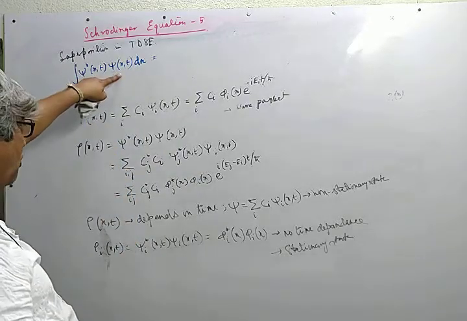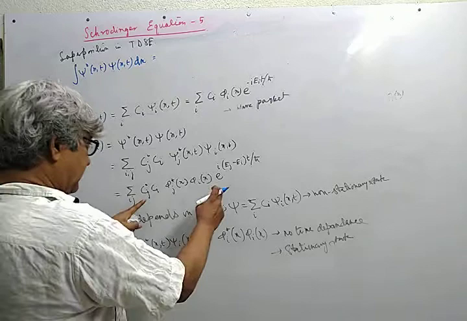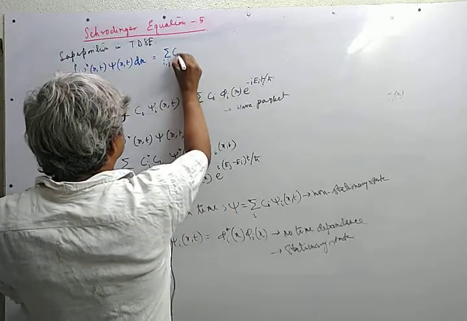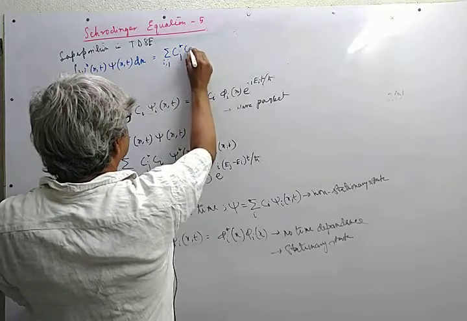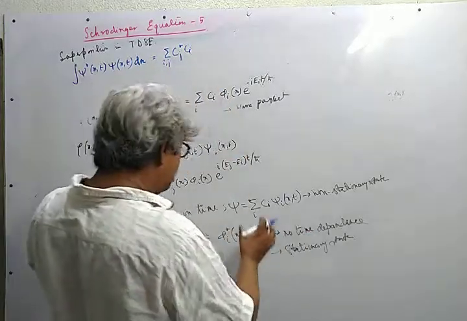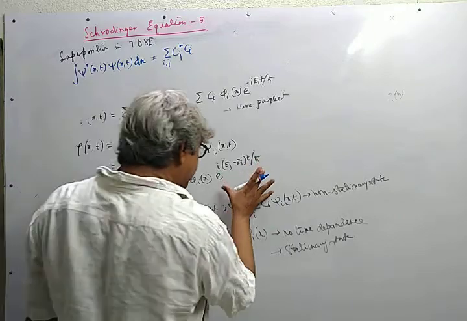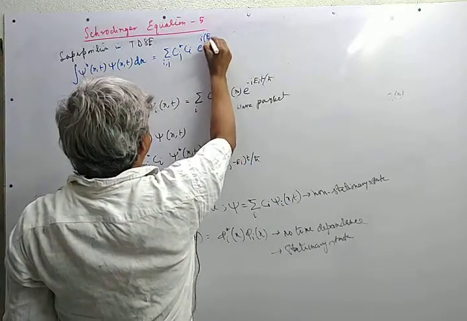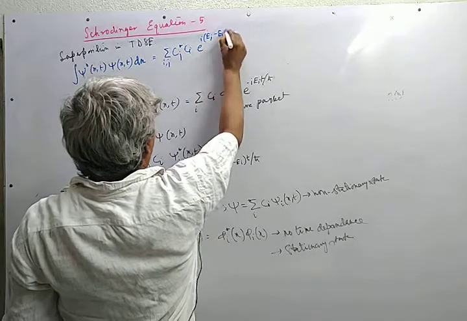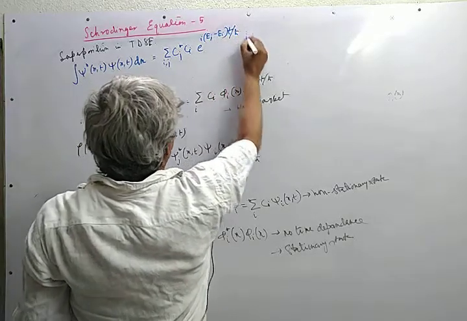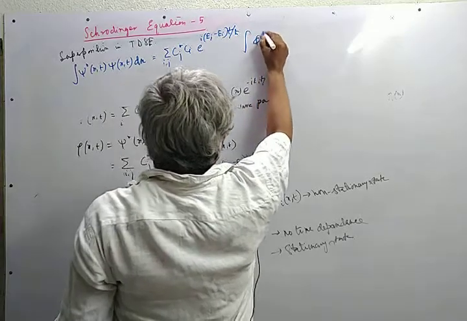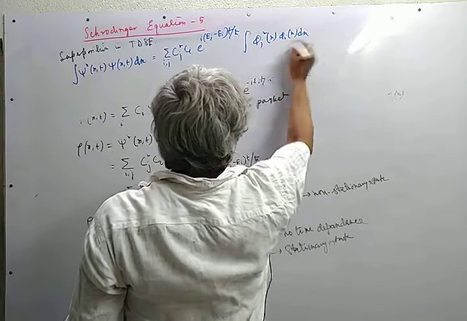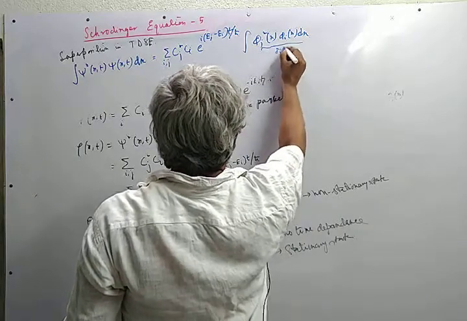This is basically rho of x,t, so we get the summation over i,j of Cj star Ci. Then this part will not be within the x integration, so it is e to the power (Ej minus Ei) t upon h cross, and the integration is over phi j star of x phi i of x dx over the whole space. This is delta ij.